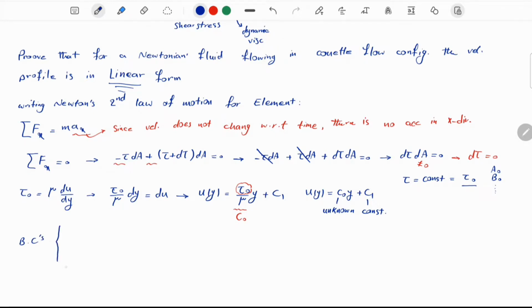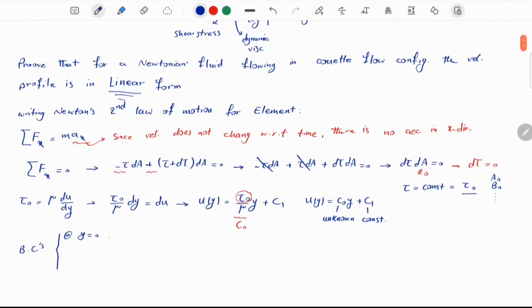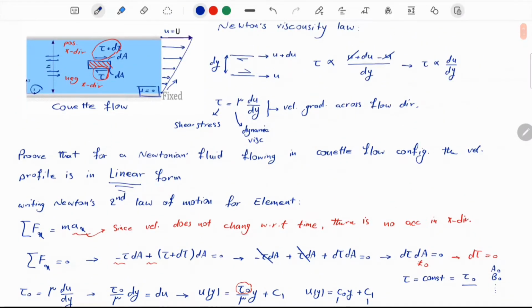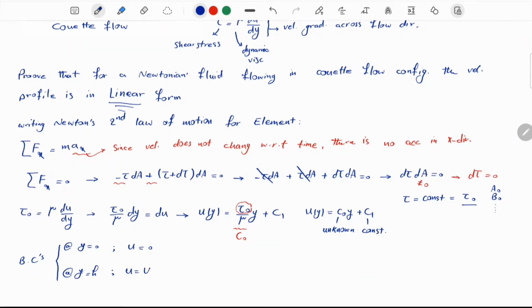What are those boundary conditions? The first one is at y equals 0. What do we have at y equals 0? At y equals 0, we have velocity of 0. Okay? So we have u equals 0. At y equals h, what do we have? At y equals h, at the top plate, we have u equals capital U. So from the first one, we have c1 equals 0.